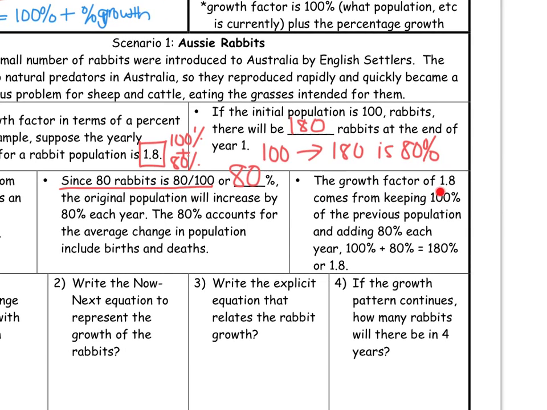The growth factor of 1.8 comes from keeping the 100% of the previous population of rabbits and then adding 80% each year. So 100% plus 80% is 180%, and written as a decimal, that's 1.8. That is going to be our b, or our growth factor.